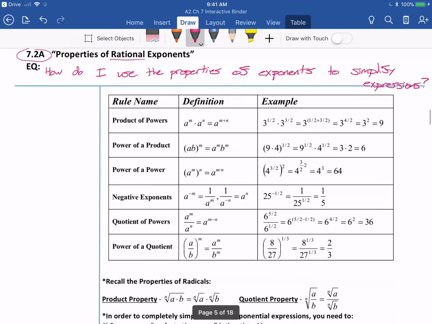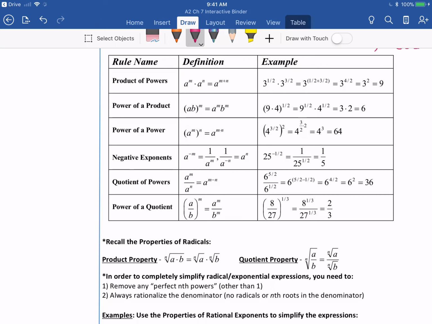All right, so this grid here, I just copied it down for you again. You've seen it before, we've talked about it before. All these power of a product. If you're taking these, multiplying them, then you add those exponents. If you have a power of a product, you can actually take these guys, put them together.